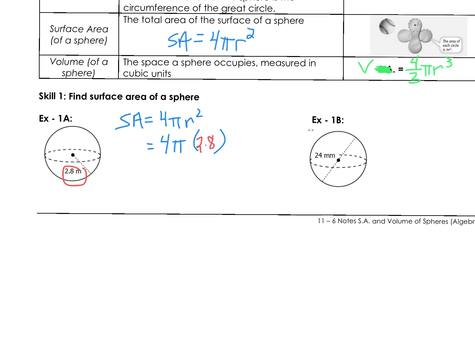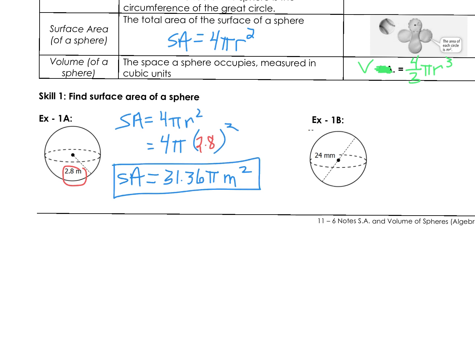Let's not forget to square it, so we take the 2.8 and square it first. 2.8 squared is 7.84, and then we multiply that by 4. And so I end up with surface area equaling 31.36 pi, and that's meters squared.